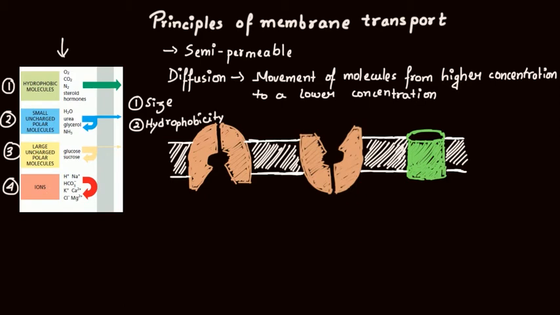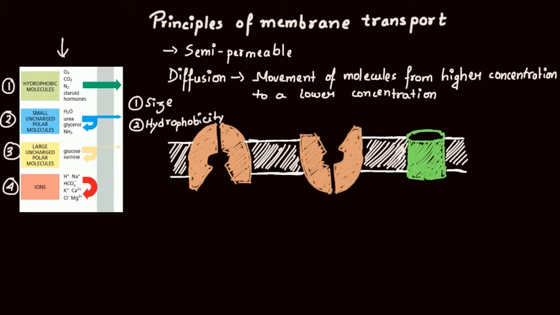But for the large uncharged polar molecules and ions, they sometimes can move in passively through the membrane, but most of the time they are repelled by the membrane. The membrane does not allow these to move inside unless they're facilitated by some proteins. And for the ions, there is no question of these ions crossing the cell membrane on their own. They have to be facilitated by some proteins.